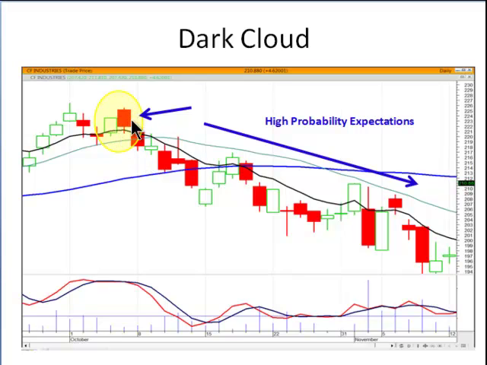The more you study charts, the more you're going to see at the tops and the bottoms some sort of candlestick reversal signal. Probably 90% of the time you're going to see a candlestick reversal signal, 10% maybe not. But that 90% of the time is what the Japanese rice traders have identified as being high probability reversal situations.